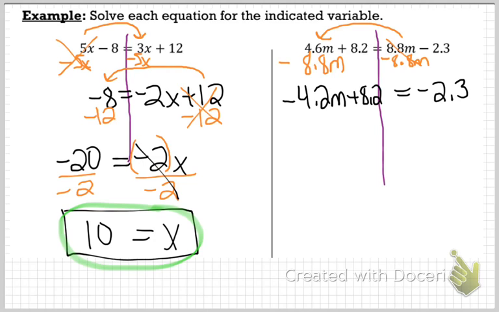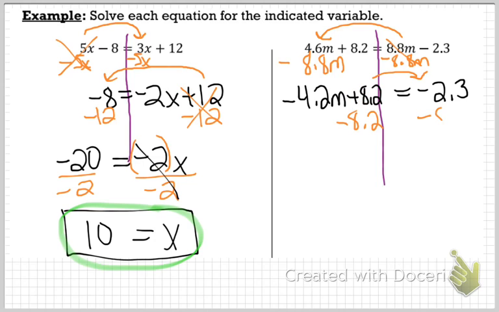Okay, so just like we moved the m to be with this other m term, we're going to move this constant term to be with this constant term. So we're going to move it over. It doesn't belong on this side. So buddies got to go with their buddies. So constant term, subtracted, it is the inverse of addition.